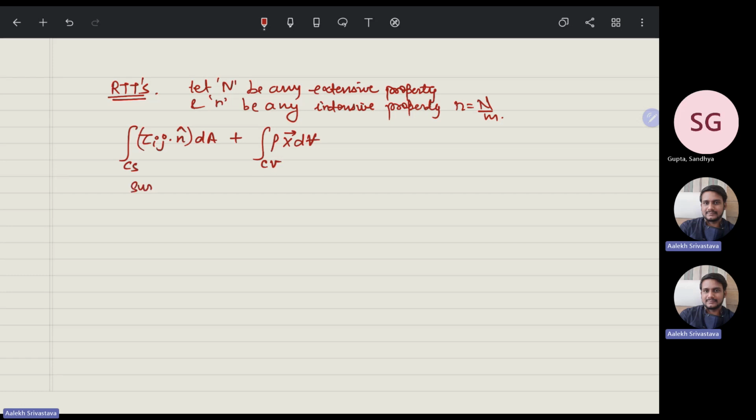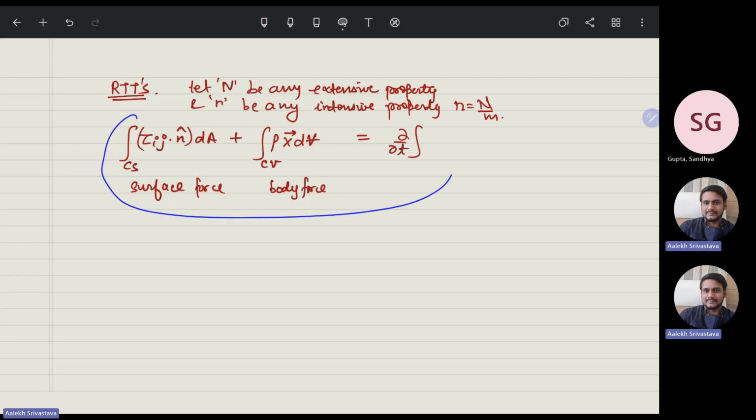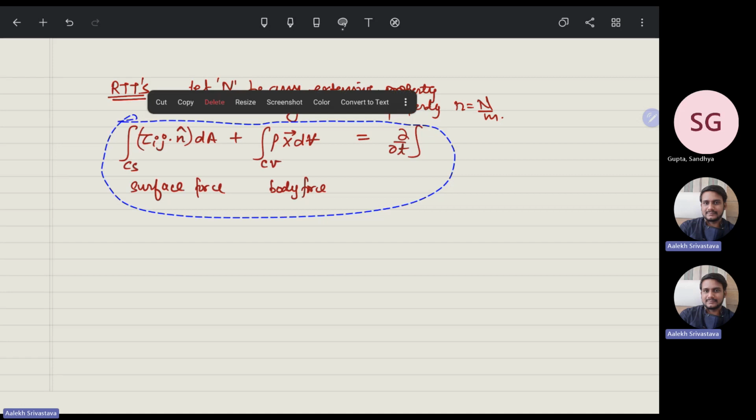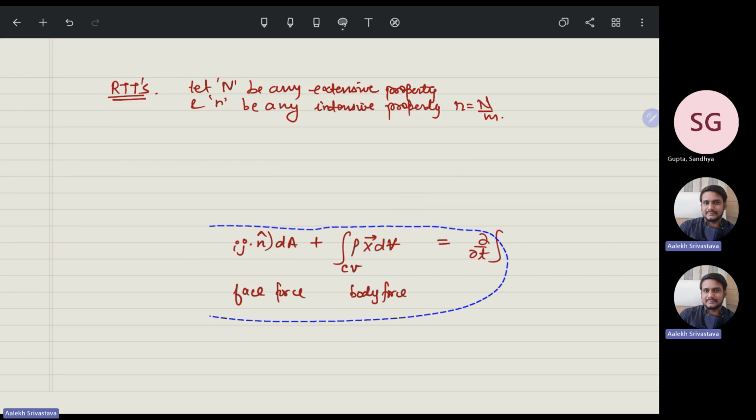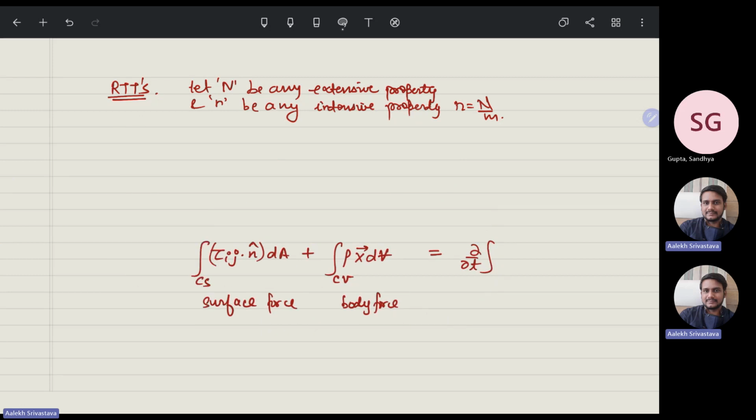So this is the surface force, this is the body force, that is equal to the rate of change of, just a second. First I should write the RTT.